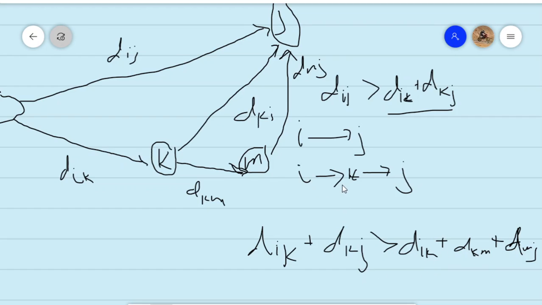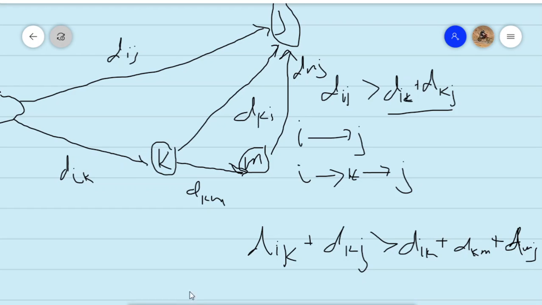Instead of ikj, it would then become ikmj. Again, if the sum of these three distances is less than the sum of these two paths.